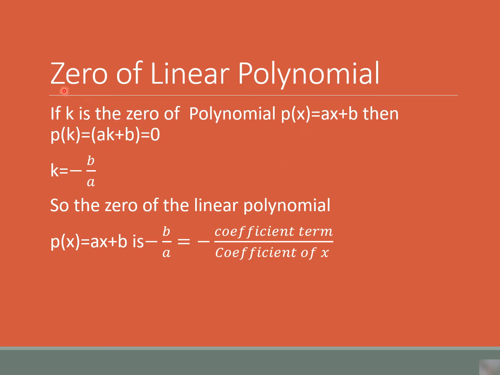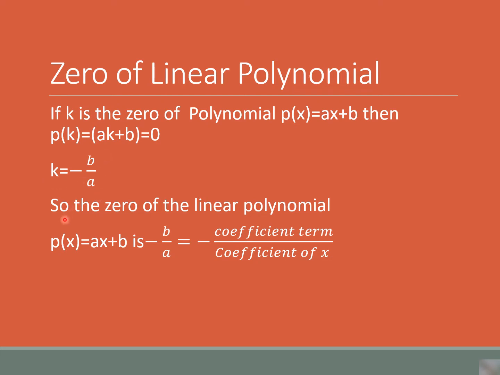The first concept we are going to discuss is the zeros of a linear polynomial. Now, as you already know, if k is the zero of the polynomial p(x) = ax + b, then p(k) = ak + b is going to be equal to 0. If you solve this linear polynomial, k is going to be minus b by a.